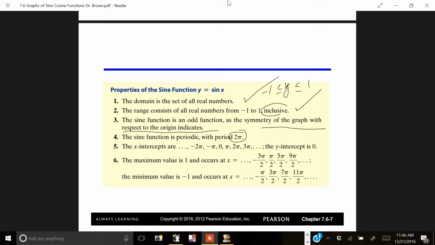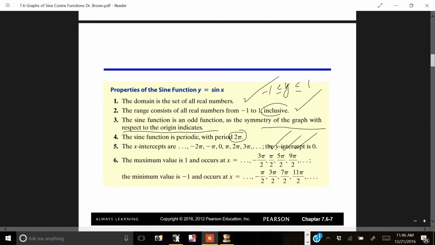And the maximum values of the function occur at pi over 2, 5 pi over 2, 9 pi over 2, minus 3 pi over 2.